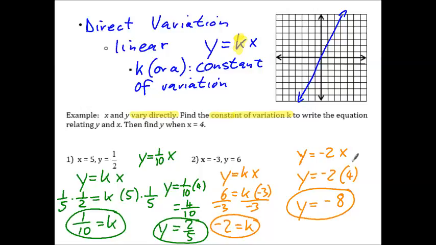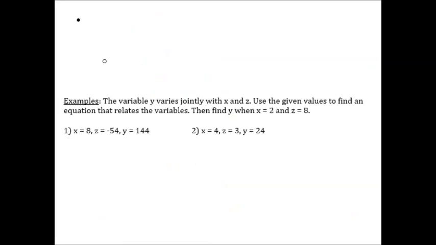All right, let's move on to joint variation, and that is something new. A joint variation is a product of two or more direct variations.